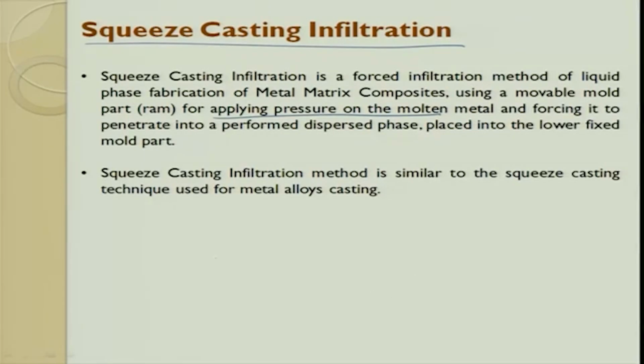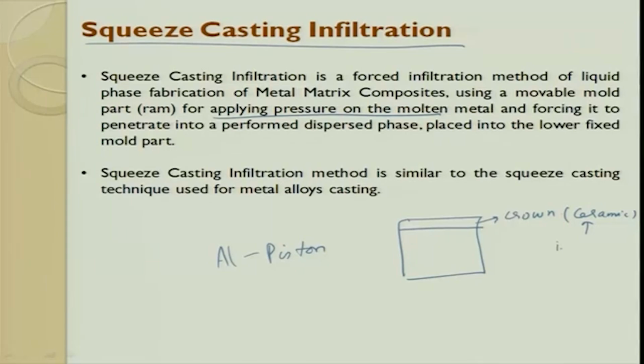A simple example is aluminium pistons. In the piston you have a crown. Here we reinforce with ceramic particles, and these ceramic particles are infused with molten metal like aluminium.